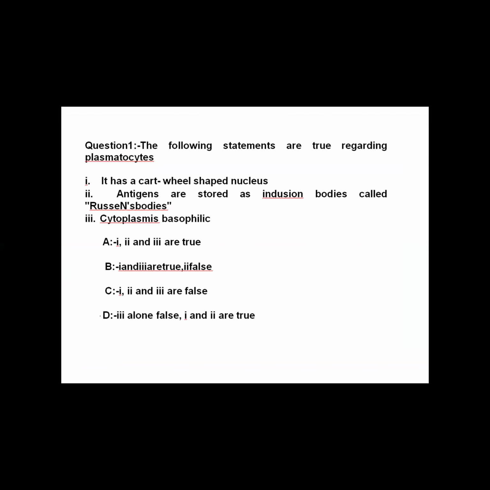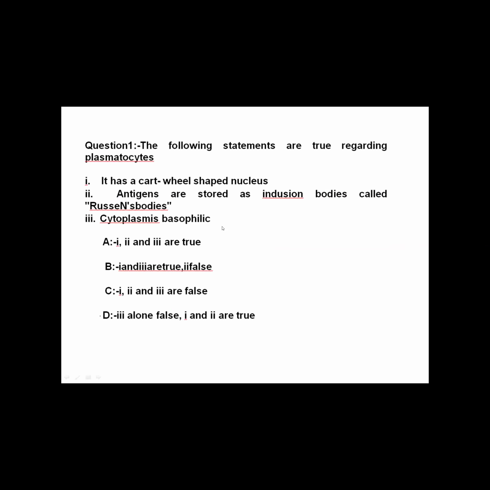So again, the following statements are true. So you need to identify the true statements, right? Regarding plasmatocyte, so it means plasma cells, right? Statement number one, it has a cartwheel shaped nucleus. Statement number two, antigens are stored as inclusion bodies called Russell bodies.